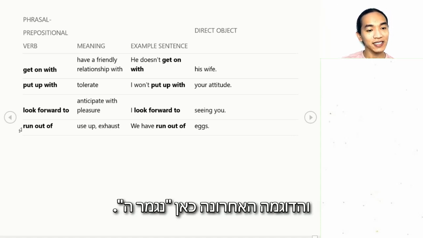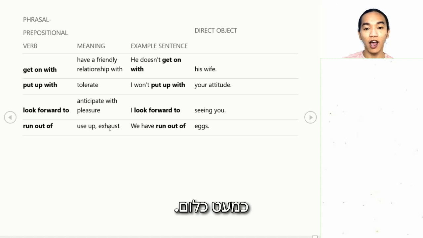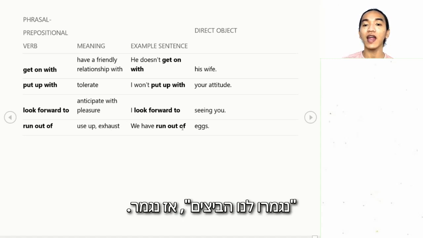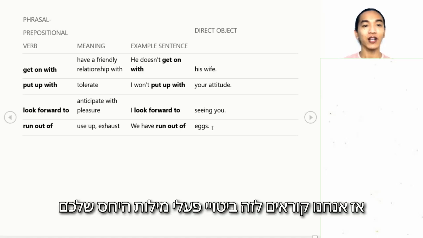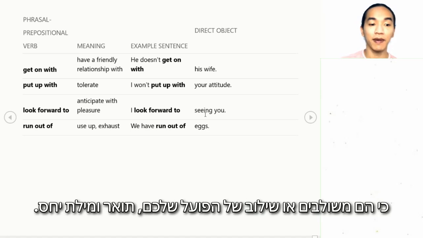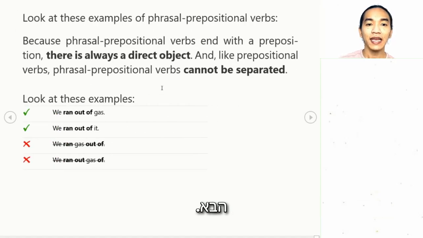And the last example here is run out of, which means use up, exhaust, almost none. We have run out of eggs. So we don't have eggs anymore. We call these phrasal prepositional verbs because they are a combination of your verb, an adverb, and preposition.